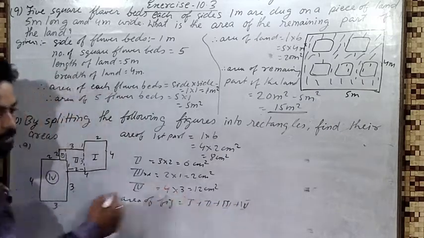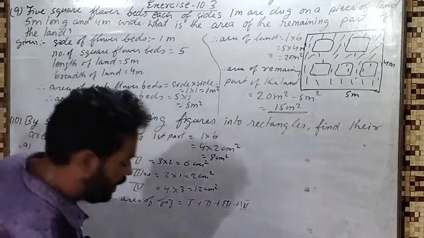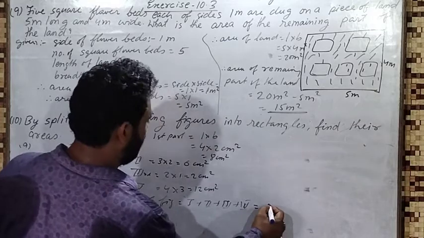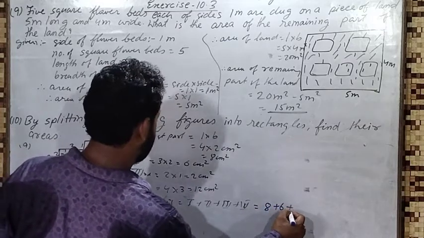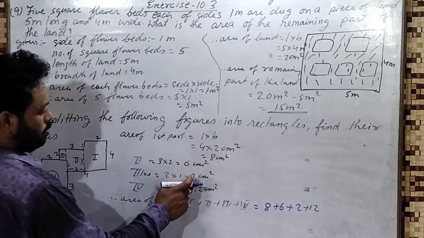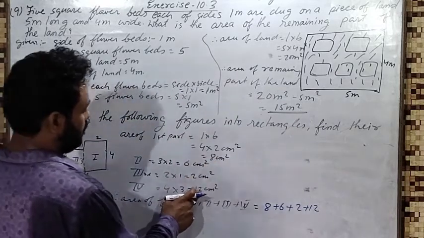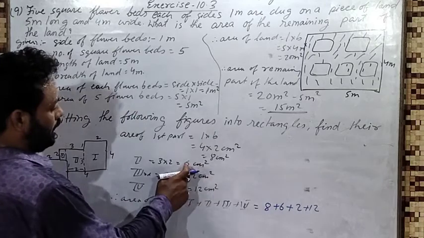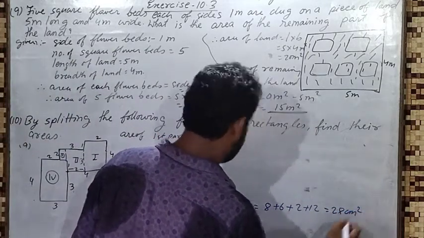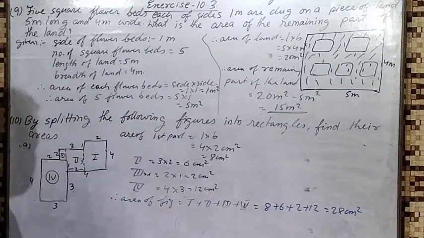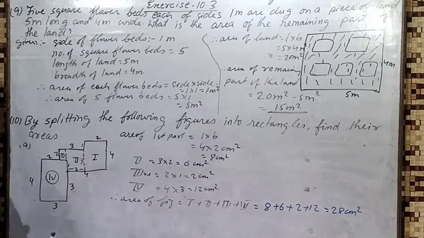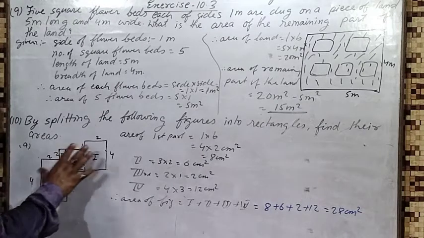Add the area of all the figures and you will get the area of the whole figure, that is 8 plus 6 plus 2 plus 12. This is 12, 8, 20, and 6, 2, 8, 2, and 28 centimeter square. You can split the figure in your own way, as you want.